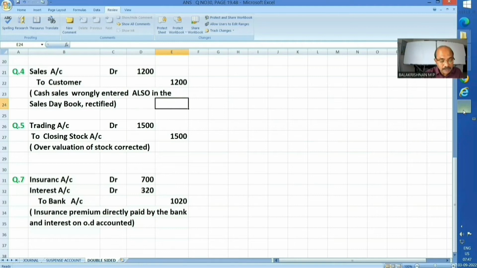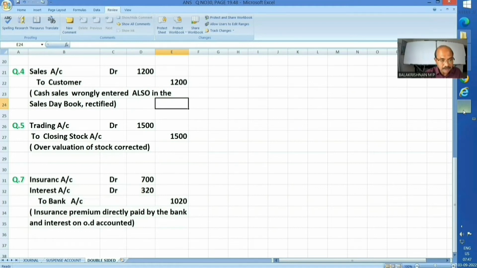When you make an entry in the day book, the party or customer will be debited and sales will be credited. So here Ramlal has been debited and sales has been credited. That is a wrong entry, an unrequired entry.